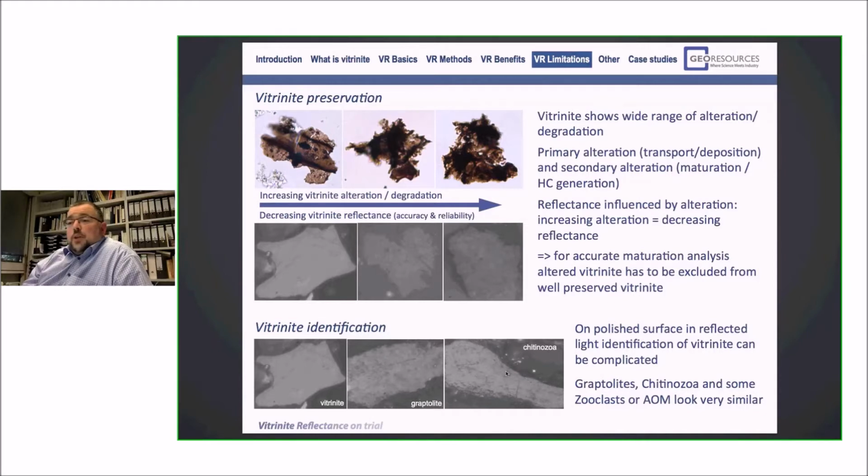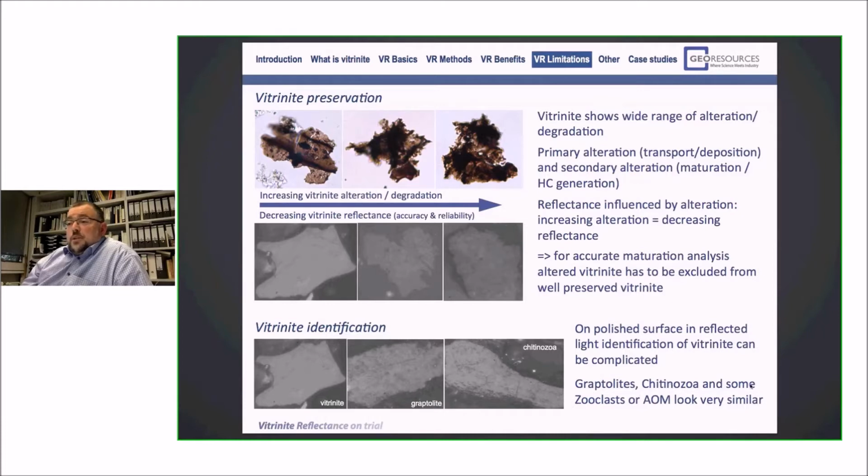So these 2 things here, graptolite and chitinozoans, are made of a totally different material. They are mostly made of different types of chitin, while vitrinite is mostly made of cellulose. So on the polished surface, in reflected light, the identification or the separation of these different types of organic particles can be quite complicated. It's also a question of preservation of the particles.